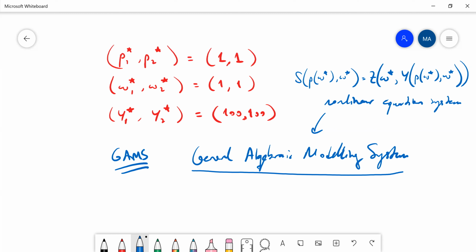But after the midterm exam, I will show you exactly how we do it in GAMS. So it would be very nice if you install the student version of GAMS. The student version of GAMS is free.